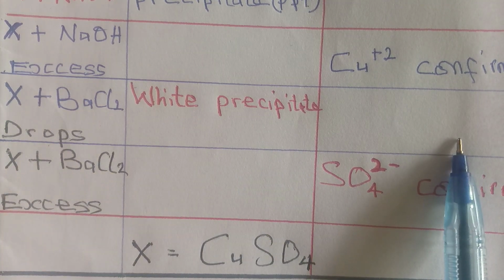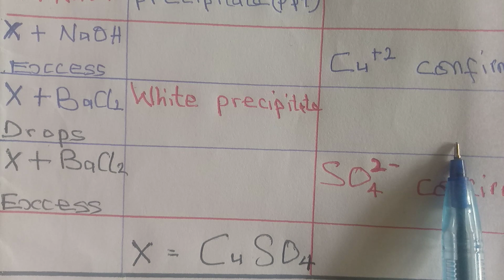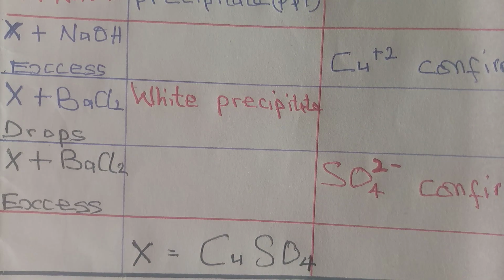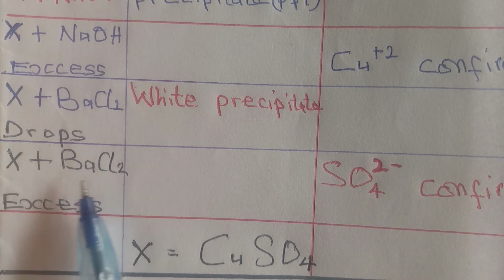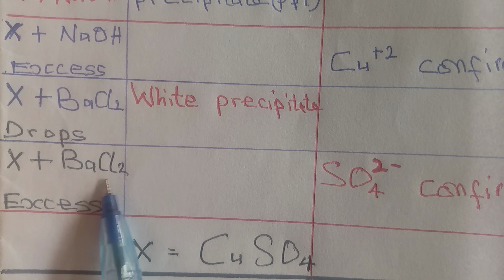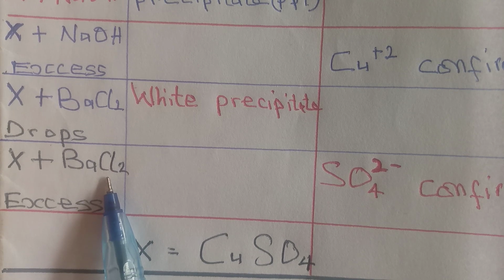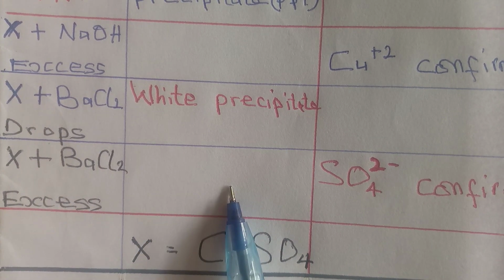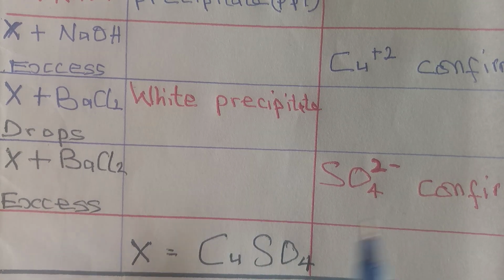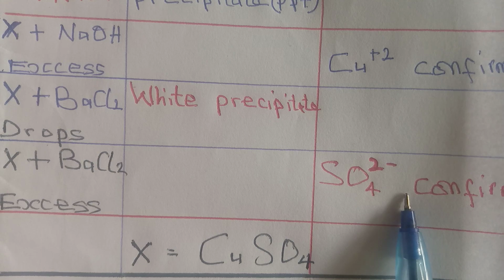Then, what will be your inference? Be thinking about that. And again, solution X reacted with barium chloride in excess of HCl. We were told to fill up the other observation, having confirmed SO4 2- ion.